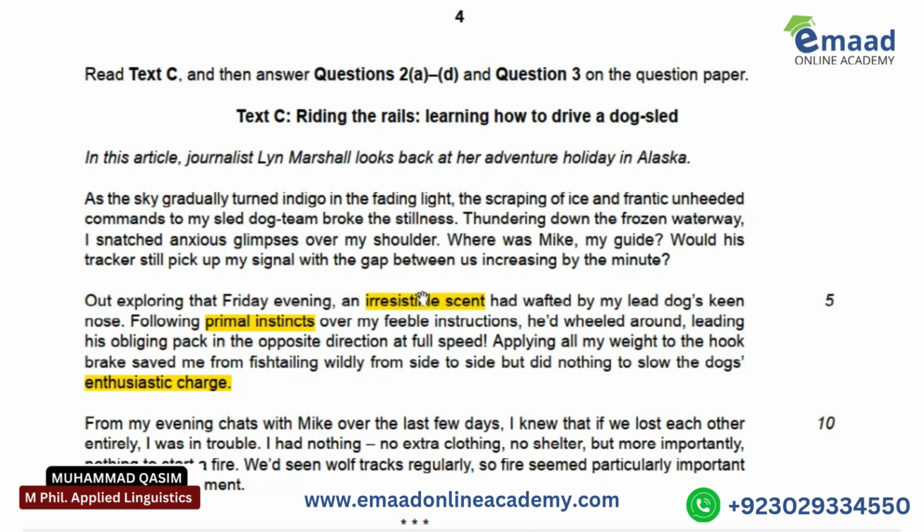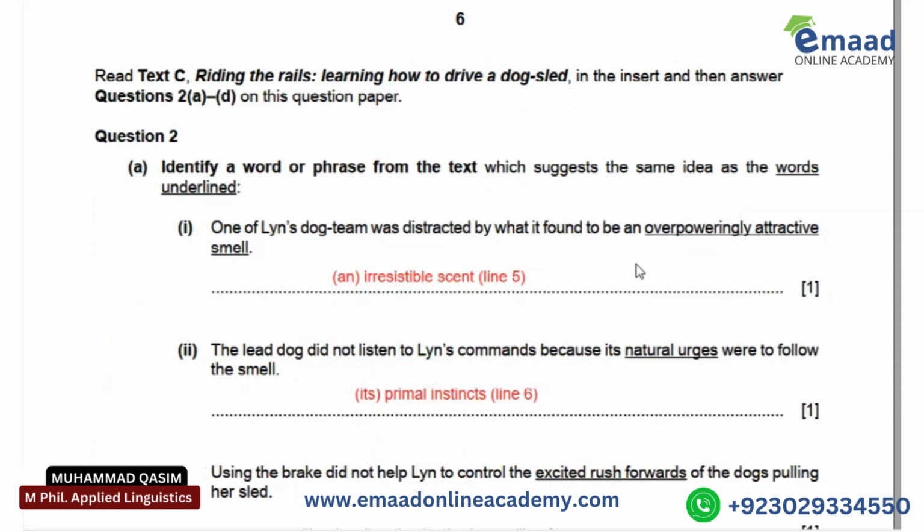So if you read the text, you will find the words irresistible scent here in line number 5 that have the same meaning as the underlined words in the question, overpowering attractive smell: irresistible scent. Okay, let's move on. So you will get 1 mark for line number 5. Then the lead dog did not listen to Lynn's commands because its natural urges were to follow the smell.